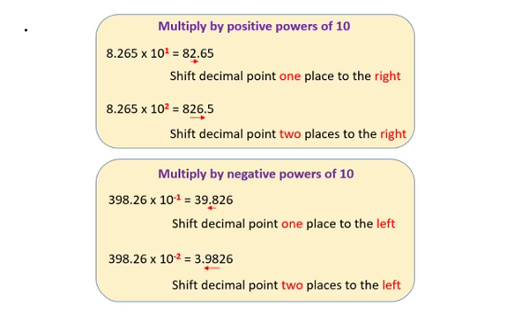In this case, the decimal point moves one place to the left. So 39.826. When you multiply by 10 to the power of minus 2, the decimal point moves 2 places to the left. Example here, 398.26 multiplied by 10 to the power of minus 2 is 3.9826.